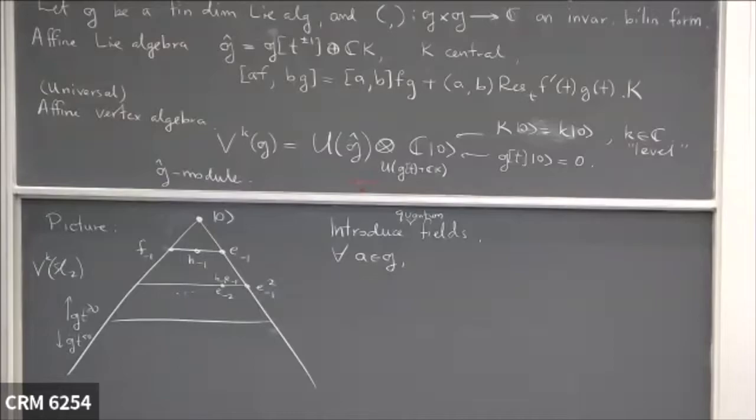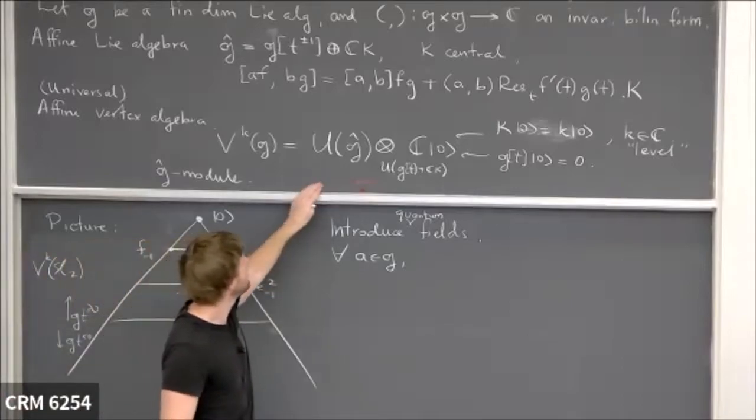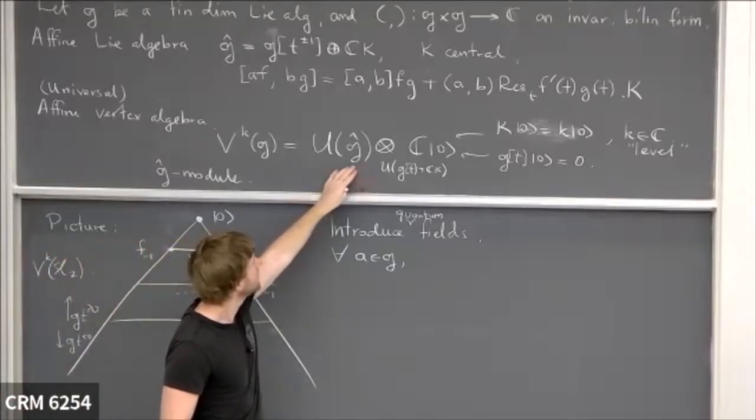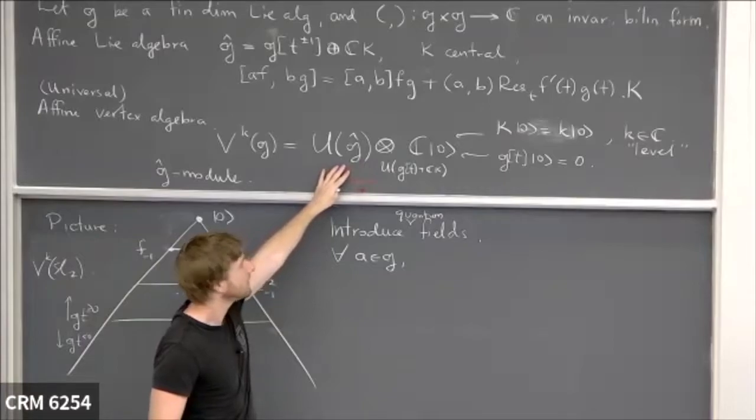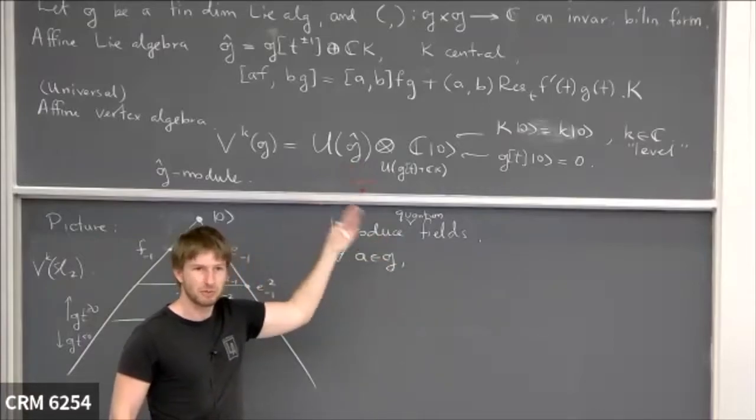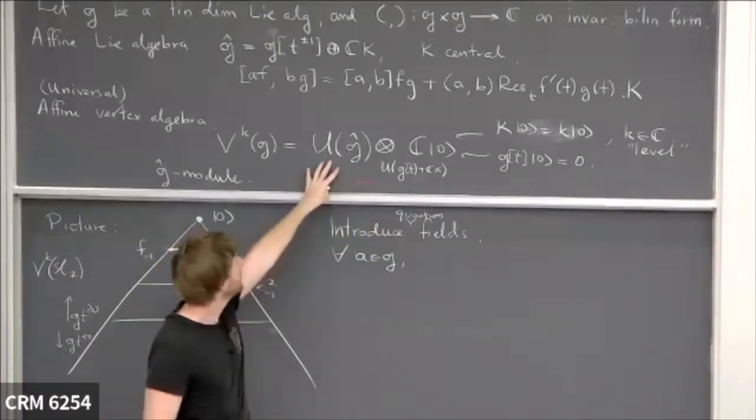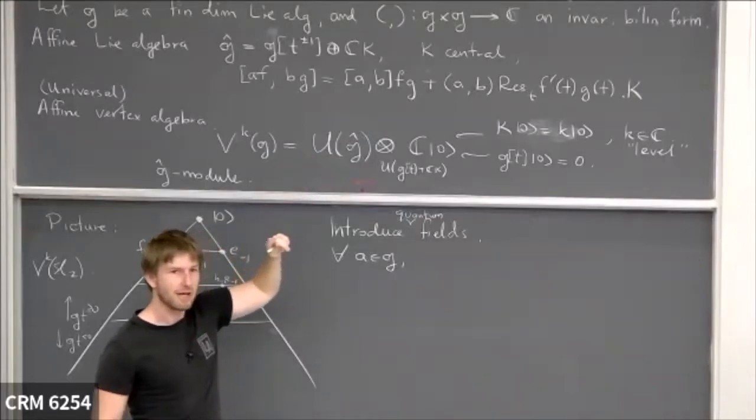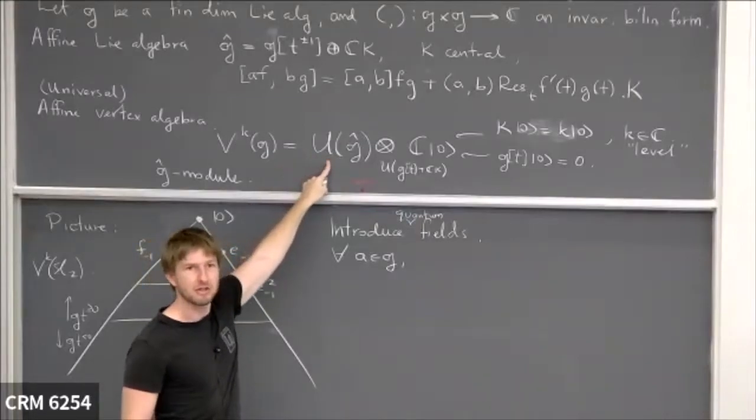So, when you define the action, you didn't write down what the negative powers of T do? Right. I'm not sure how familiar this notation is to everyone, but it's defined in a universal way in some sense. Actually, the answer is that they act by left multiplication here.